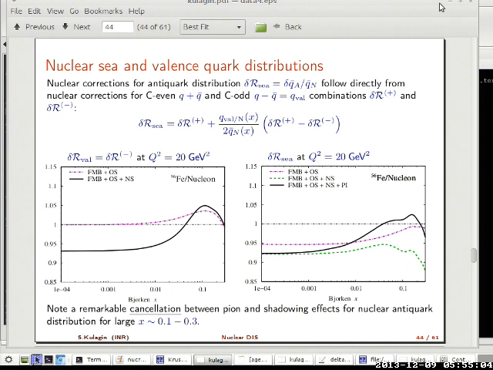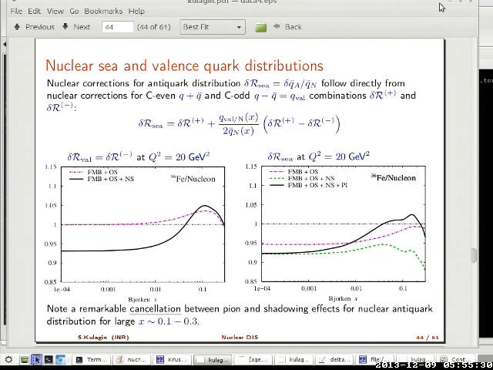So the shading correction for the anti-quark distribution is calculated in this approach in terms of the shading corrections for the parton distributions with definite C parity. So for C even, which would correspond to F2, and C odd, which corresponds to valence quark distribution or the F3 structure function.